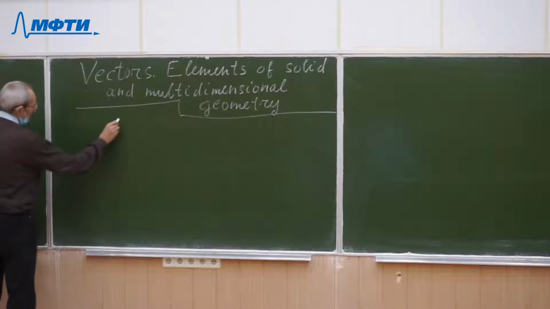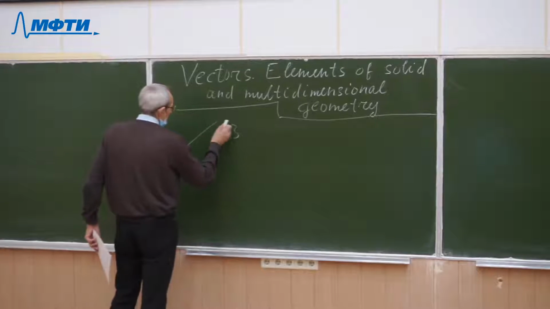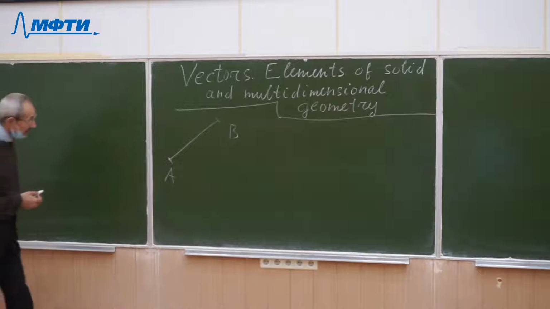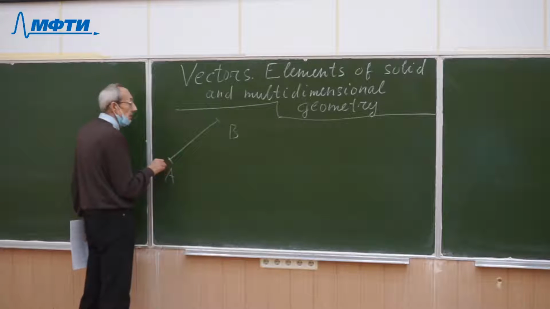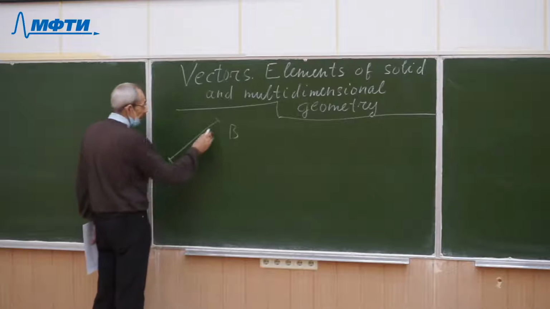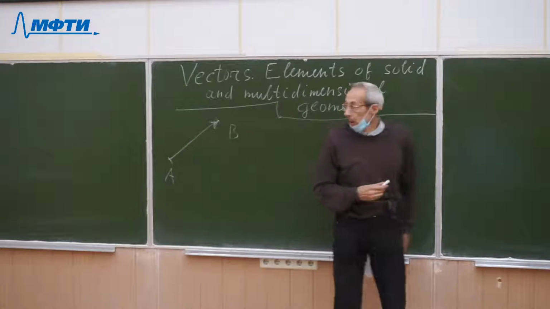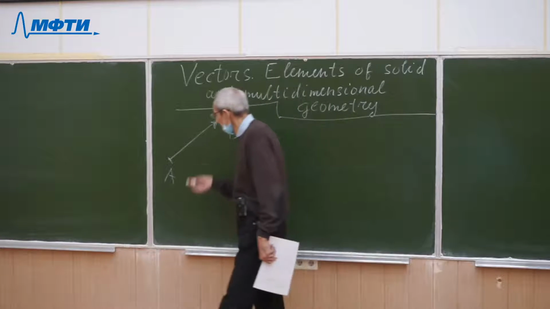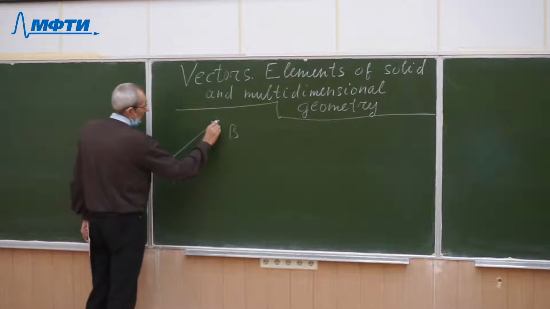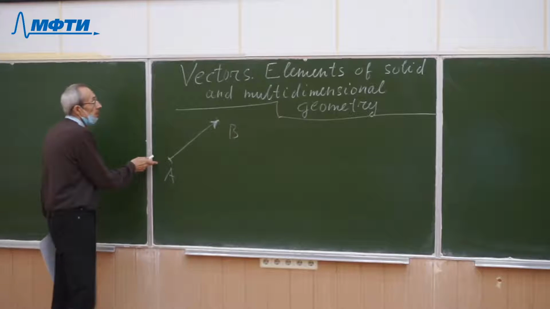We can imagine two points in the space and a segment between them, but we suppose that one of these points is the initial point and the other the endpoint, and that this segment has an orientation or direction from the initial point to the end point.